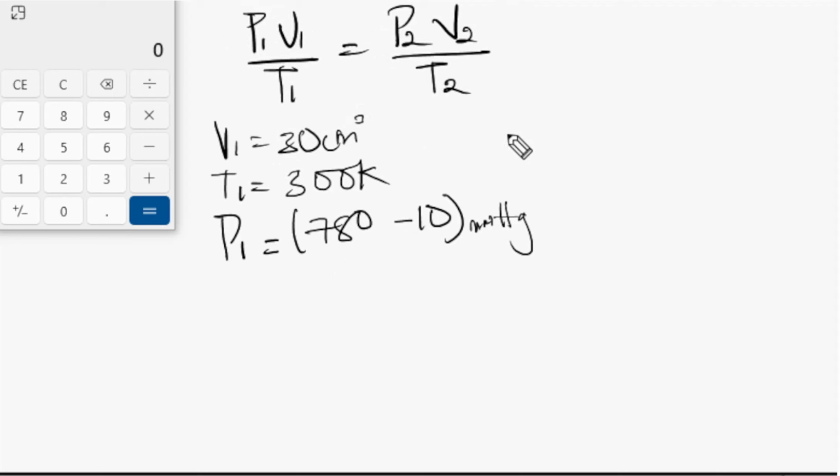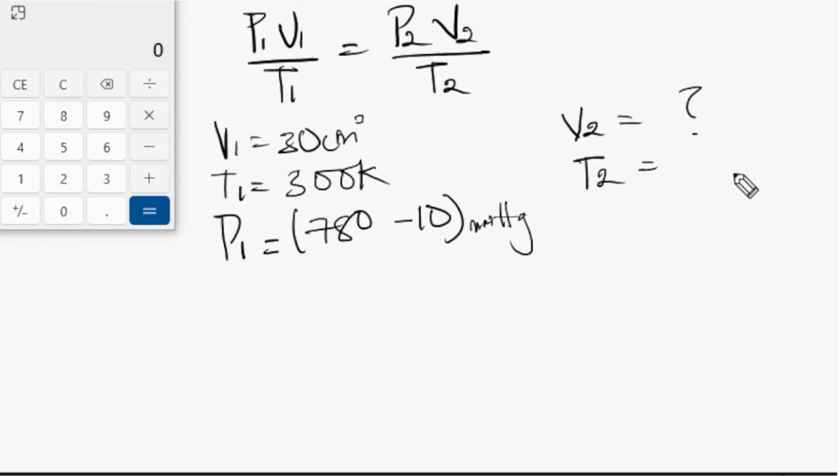So let's check out for this part. So V2 will be unknown since we are asked to calculate the volume of the gas. So already we know that V2 is unknown. Then T2 is the second temperature given to us, and that's 7 degrees Celsius.